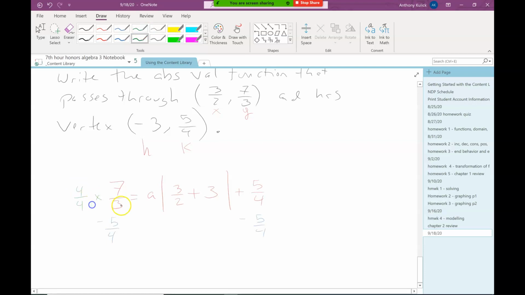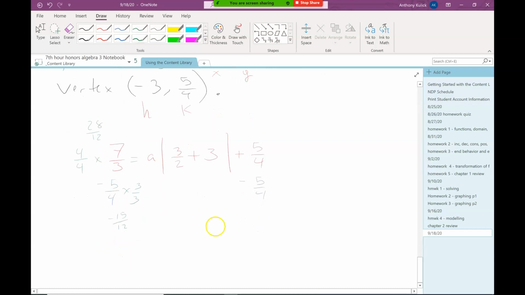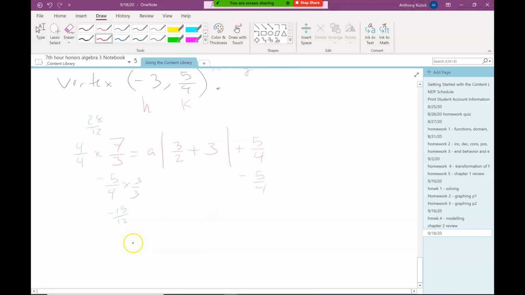So I'll multiply 7/3 by 4/4, and 5/4 I'll multiply by 3/3. So I really get 28/12 and -15/12. So that's going to give me, when I combine like terms, 13 over 12. Is everybody okay there?